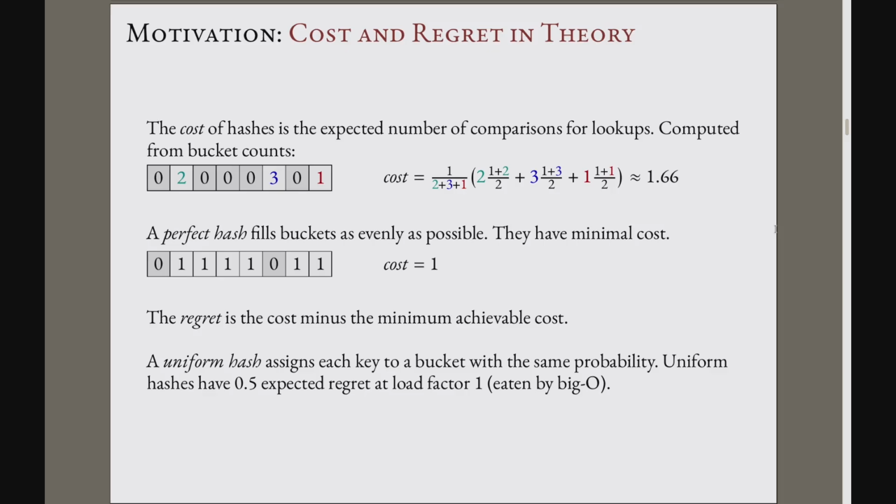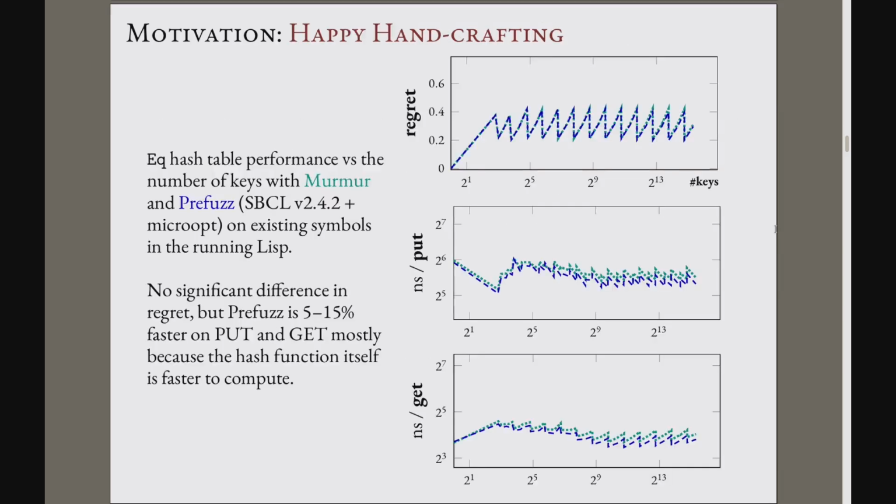So there is a suboptimality that gets eaten by the big O cost that we look at in theory, which is not much. But if we can improve this and improve other factors such as cache friendliness and speed of the hash function at the same time, we might be able to gain something, right?